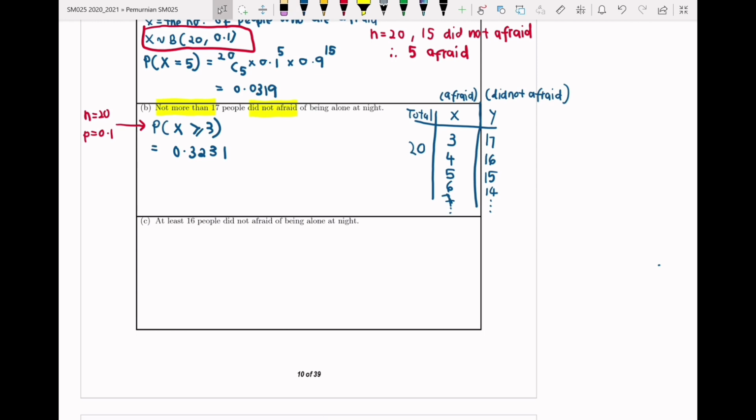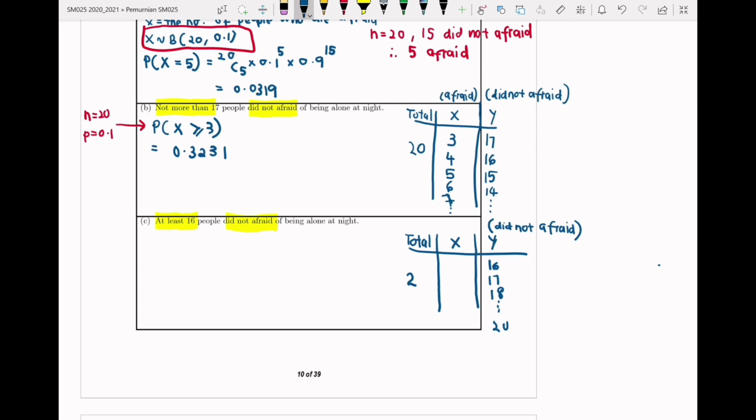Next, question C. At least 16 people are not afraid of being alone at night. Again, the total number of people is 20. The number of people who are not afraid is at least 16. That means the minimum number is 16. So 16, 17, 18, up until 20.